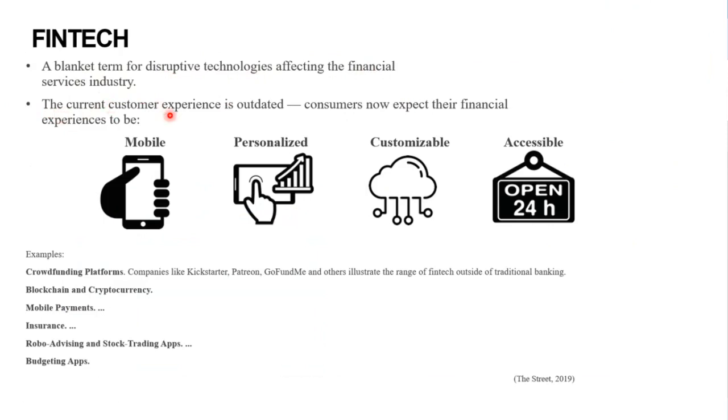Why? Because the current customer experience is old school or outdated, as we would say. It's old school because we as users or customers expect financial services to be mobile, personalized or customizable, and also 24-hour accessibility.